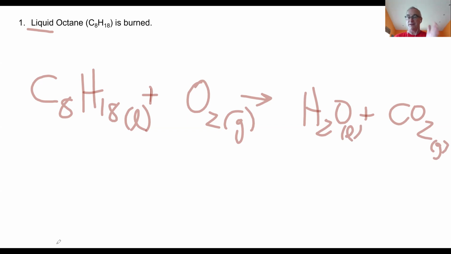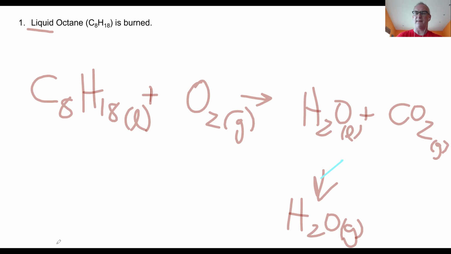But since we're assuming we're at 25 degrees and 1 atmosphere of pressure, we put liquid for it, okay? This is important for when we do thermochemistry later, when we're talking about the energy of this reaction, because we'll find out that it actually takes more energy to move water liquid to water gas. And we're going to have to account for that energy. But since we're assuming room temperature, 1 atmosphere of pressure, we're going to put liquid there for now, okay?